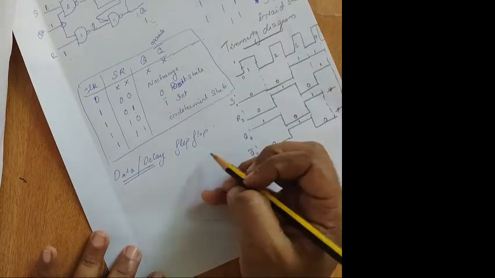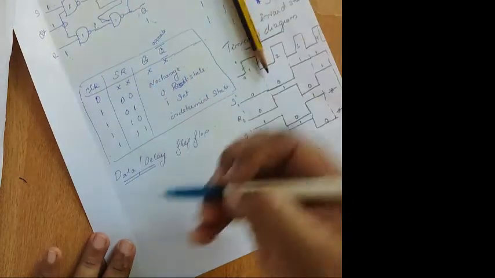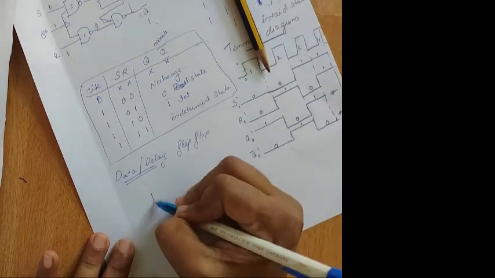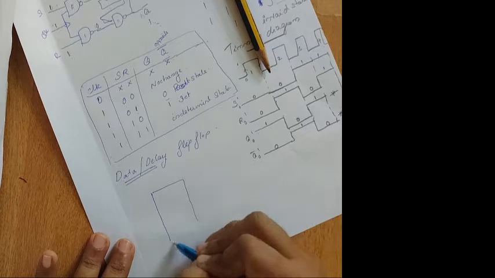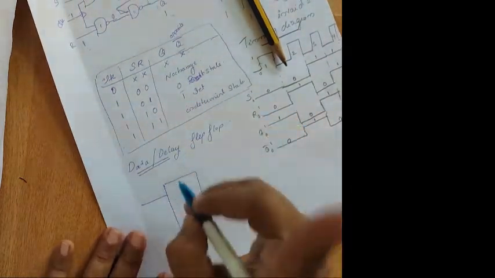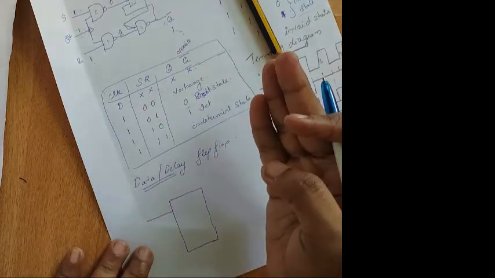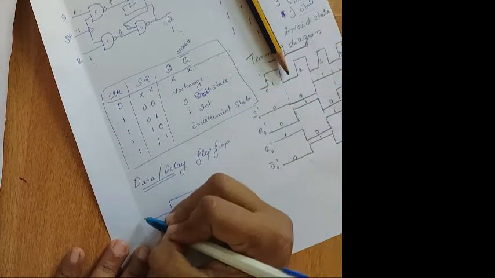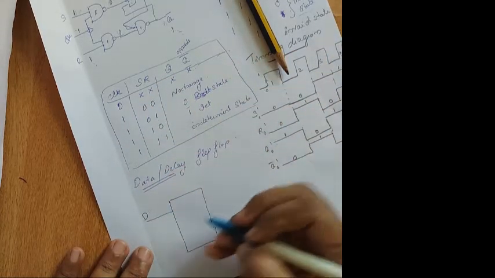Next, you're going for a data or delay flip-flop. So again, it has only a single input. D flip-flop, only single. SR means 2 inputs are there, S and R. Here, D flip-flop, only 1 input is there.